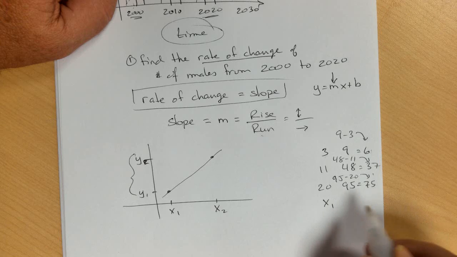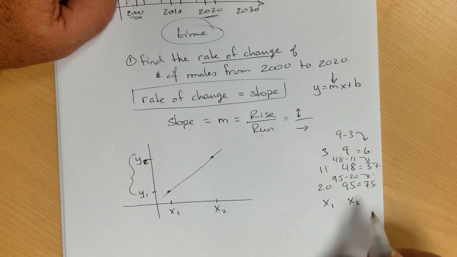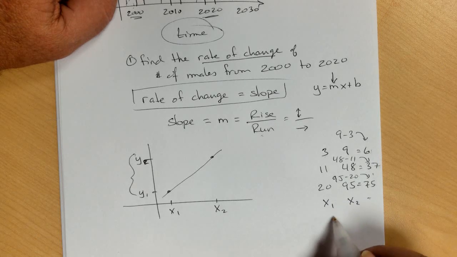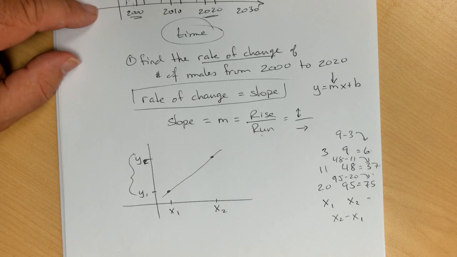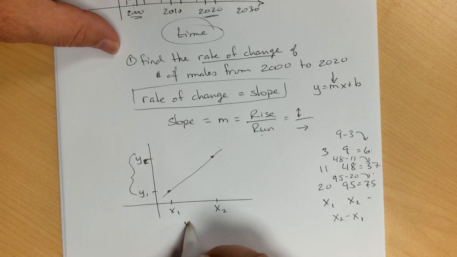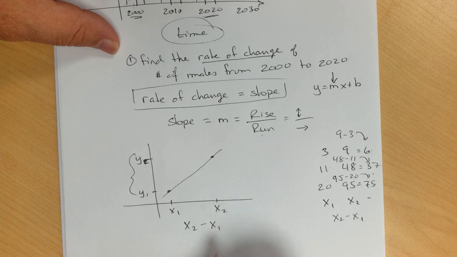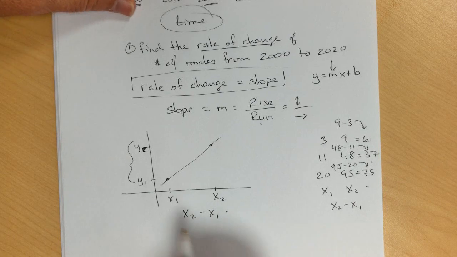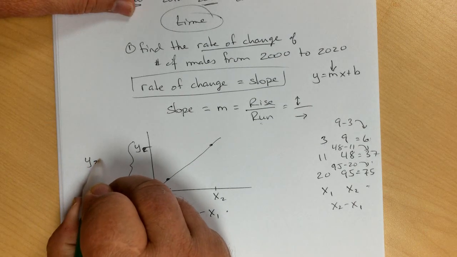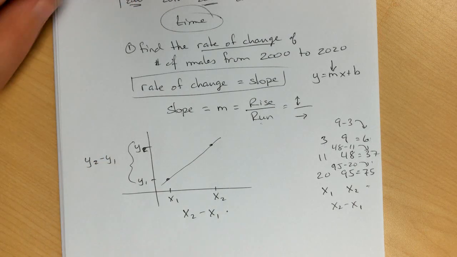So if this is my first x and this is my second x, the difference would be x2 minus x1. So it's always the second number minus the first number. And likewise here, it's the second number minus the first number.